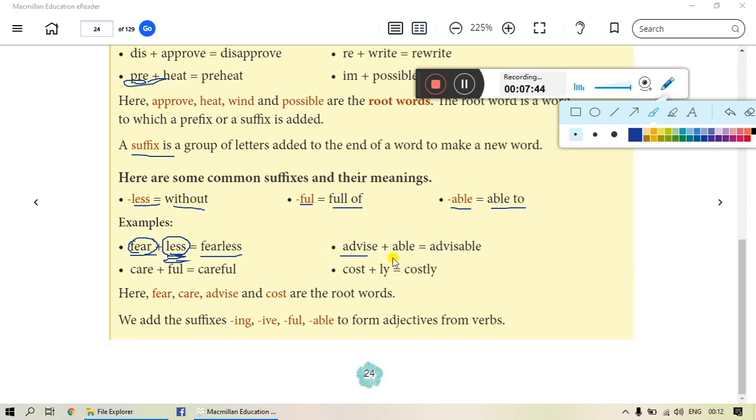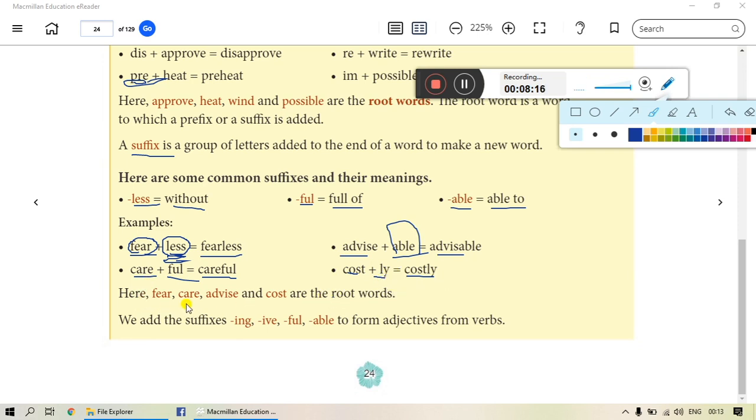Same, advise plus able. Able is a suffix, it becomes advisable, and it means you are able to give advice, you have the ability to give advice. Similarly, careful means you are full of care, you are taking proper care. Cost plus ly becomes costly, it means that something is expensive.